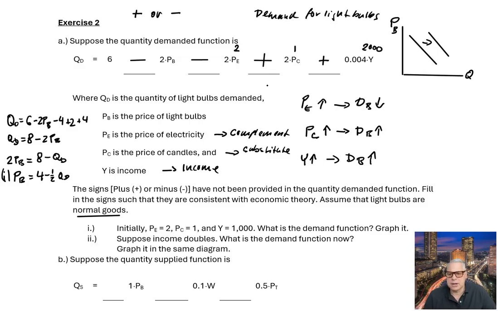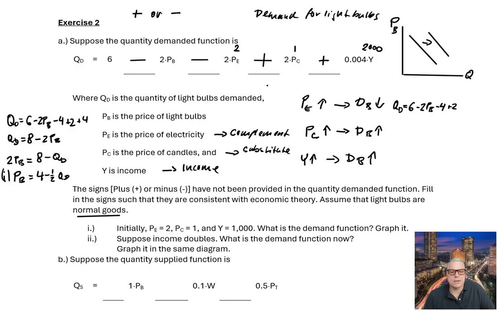So then our demand function becomes QD equals, still this is all the same, 6 minus 2 PB minus 4, that hasn't changed, plus 2, 2 times 1, plus 2.